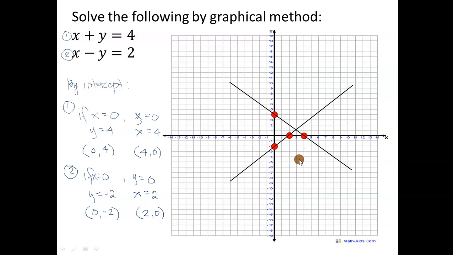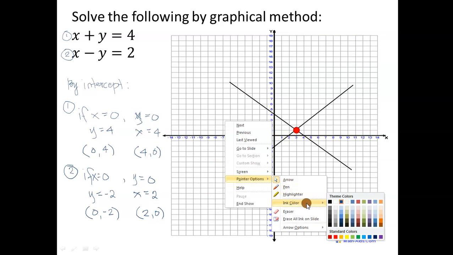And then again, you have there the intersection. Okay? The intersection, tanggalin muna natin yung apat na points na to para ma-emphasize yung intersection ng dalawang lines. So, you have there the coordinates of the solution of this particular problem. Okay?